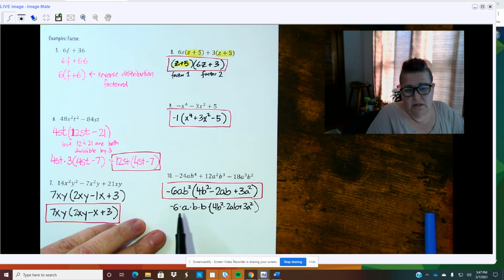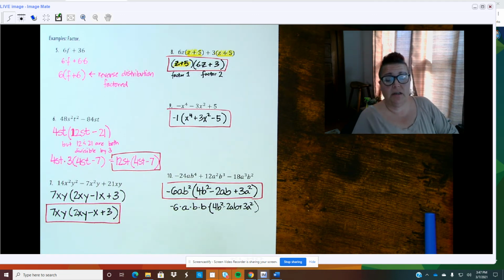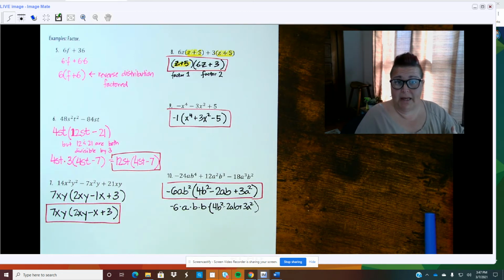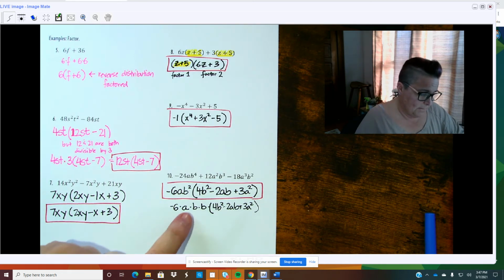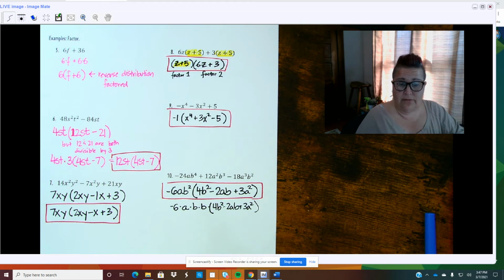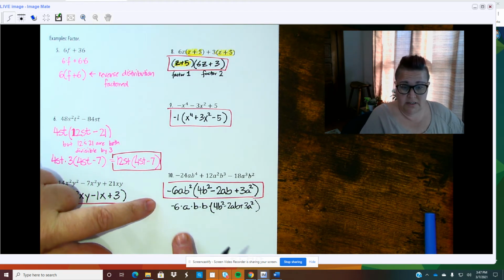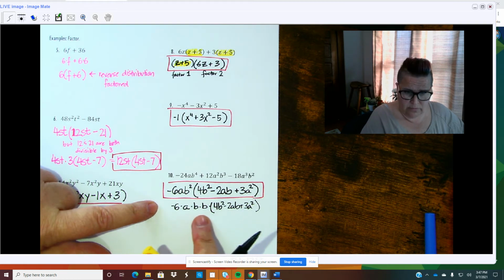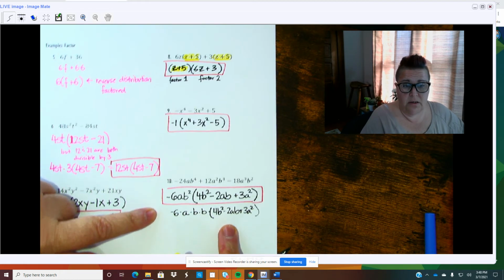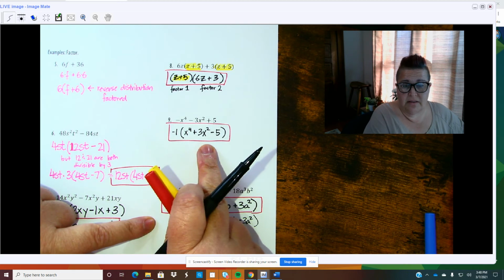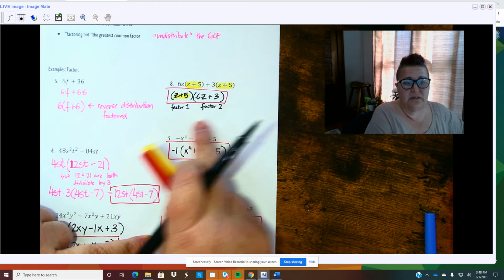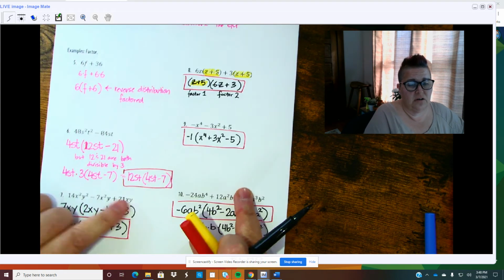The factors are the things being multiplied together. So even though that B is squared, it counts as 2 different factors, that A, that negative 6. So there are 1, 2, 3, 4, 5 factors in this one. There are 2 factors in this one, 2 factors in this one, 2 factors here.